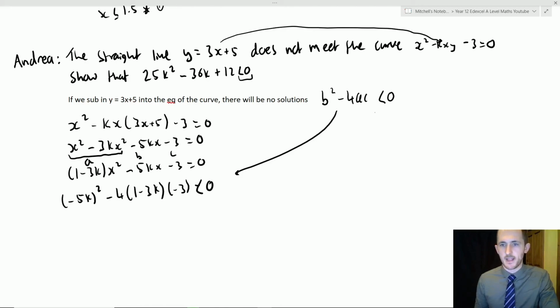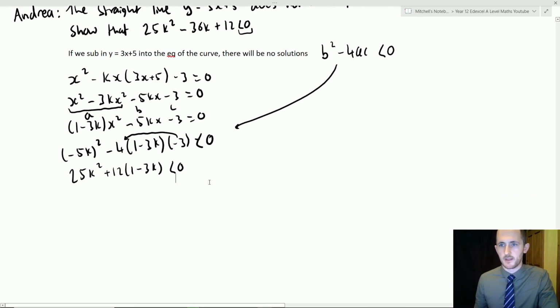Now again, we're showing that it equals this. We're actually pretty close. Minus 5 squared is 25, k squared is k squared. If I bring this thing to the front, I get minus 4 times minus 3, which is plus 12. There is a reason why I'm doing it in steps, because it might be a bit confusing.